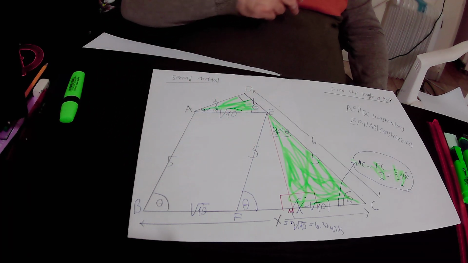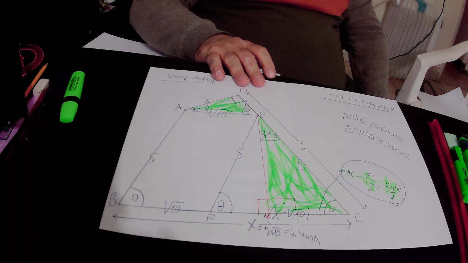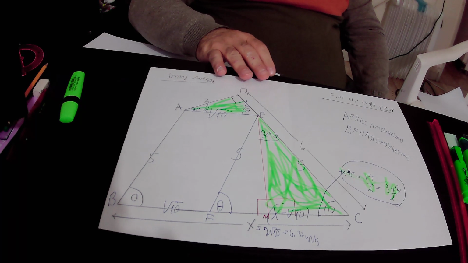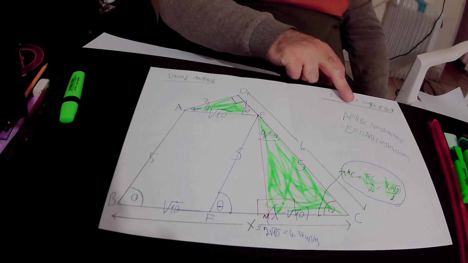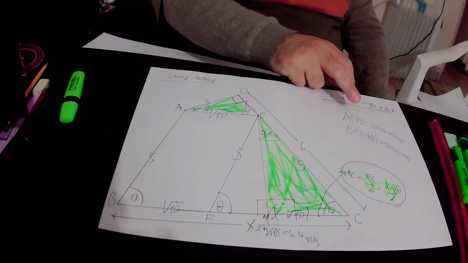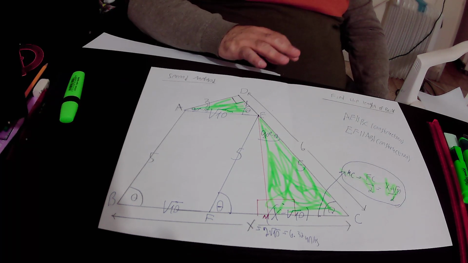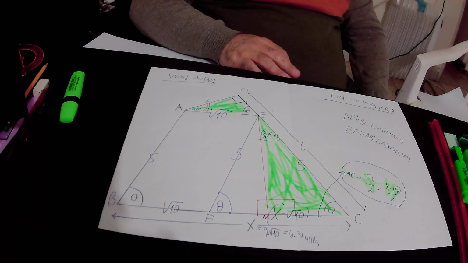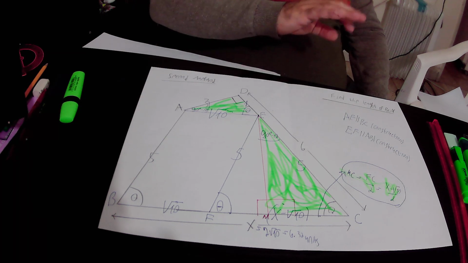In conclusion, by doing this construction, we created side AE that is parallel to BC, and we also created side EF that is parallel to AB, both according to our construction.